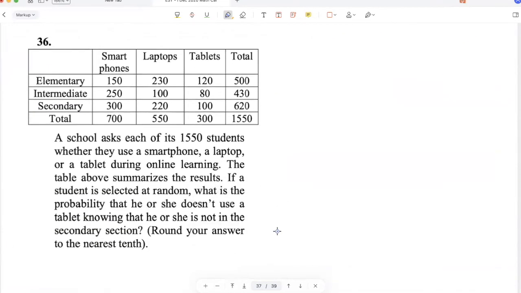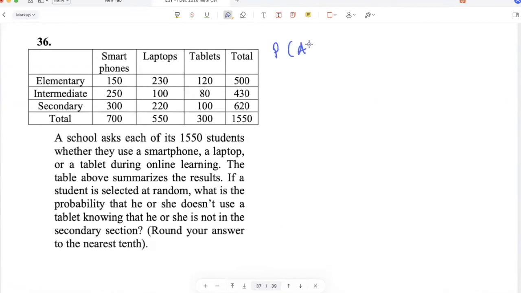So a school asks each of its 1550 students whether they use a smartphone, a laptop, or a tablet during online learning. The table above summarizes the results. If a student is selected at random, what is the probability that he or she doesn't use a tablet, knowing that he or she is not in the secondary section? Okay, so this is conditional probability.